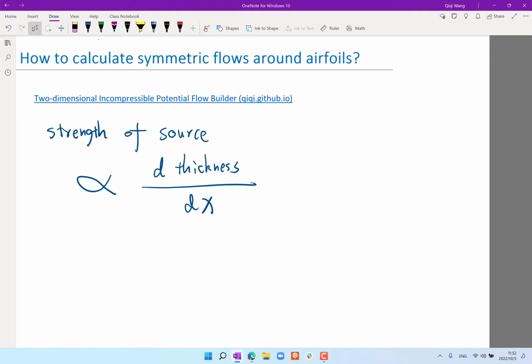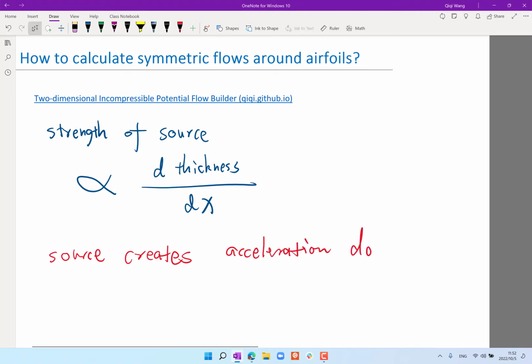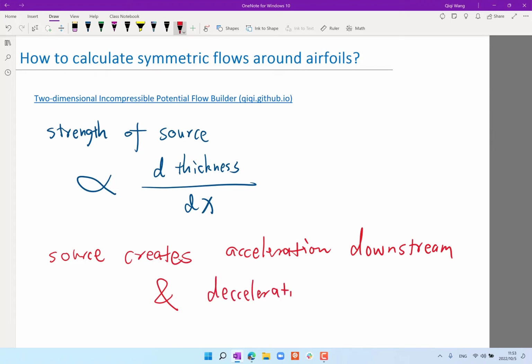okay, the sources basically create acceleration. So a source creates acceleration downstream and deceleration upstream.